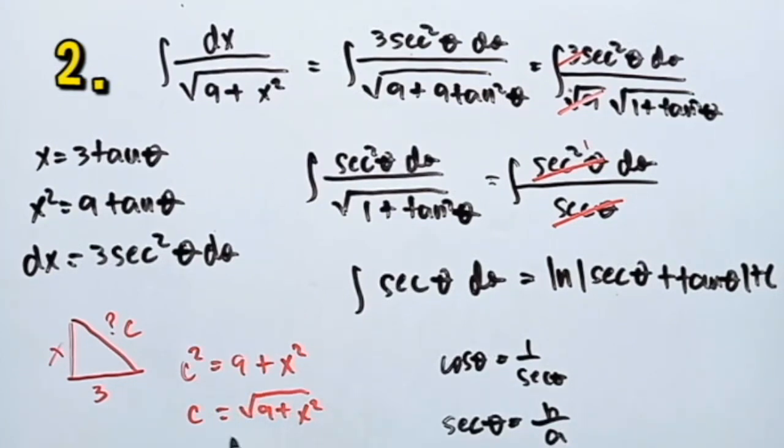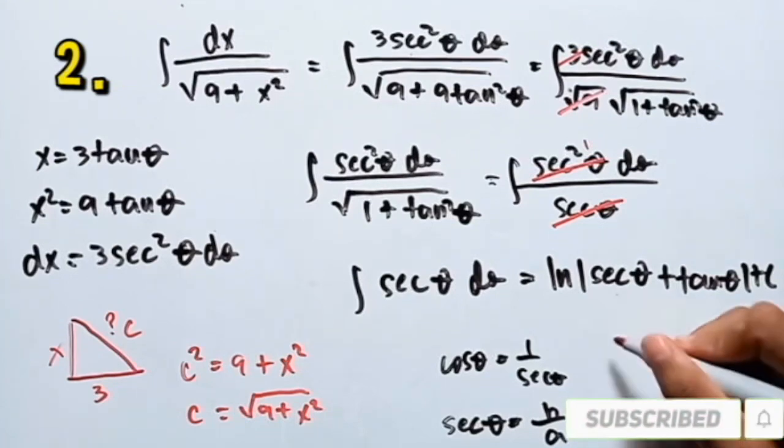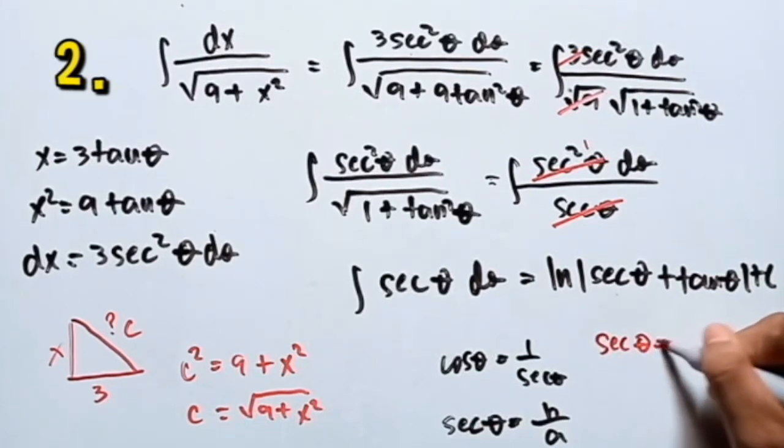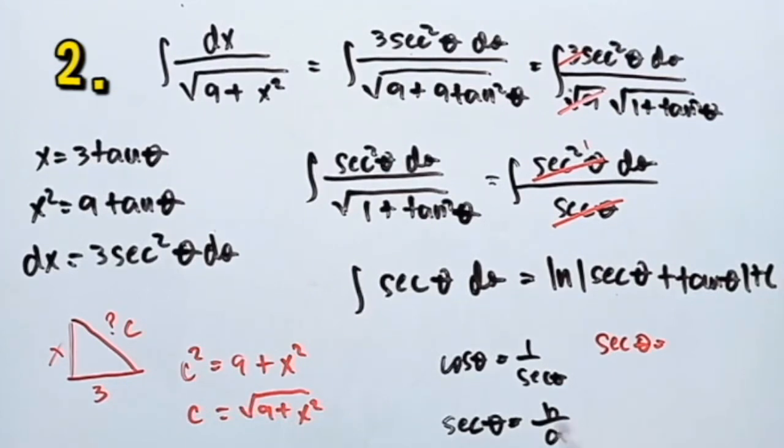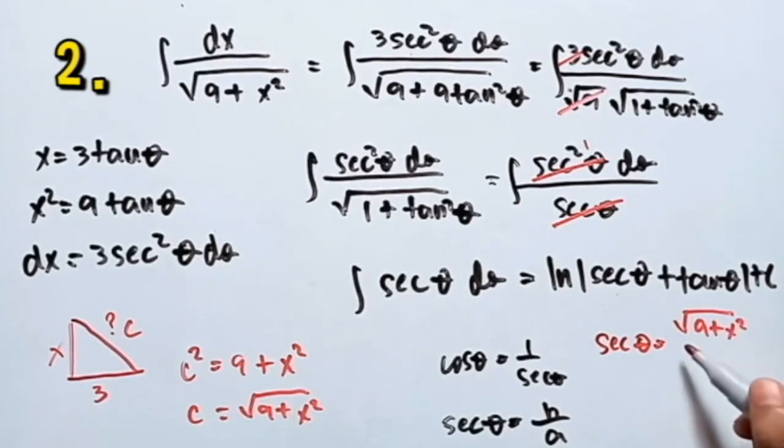So now we have the hypotenuse and we have the adjacent. Therefore, we can get the value of secant theta. Now, secant theta is equal to hypotenuse, which is here, so square root of 9 plus x squared over adjacent, which is 3. So now let's input the value of secant theta and tan theta into the answer.